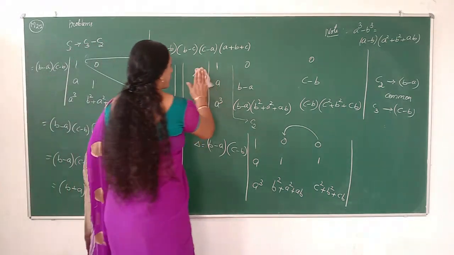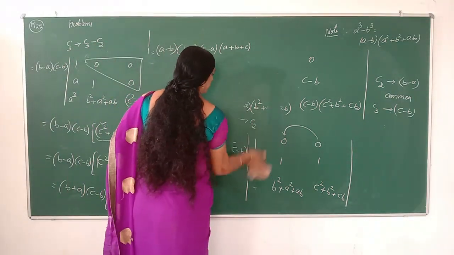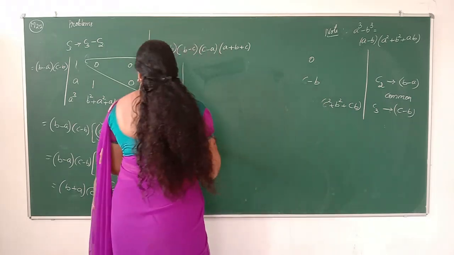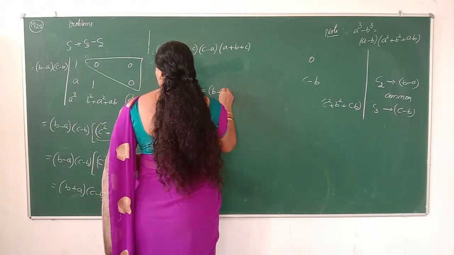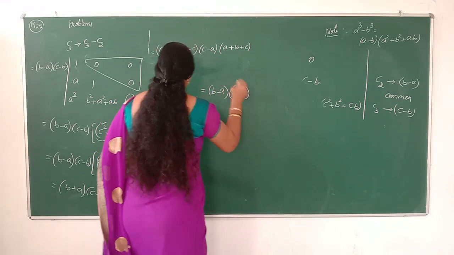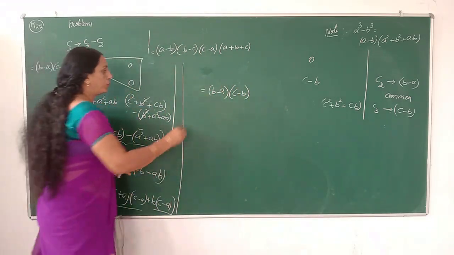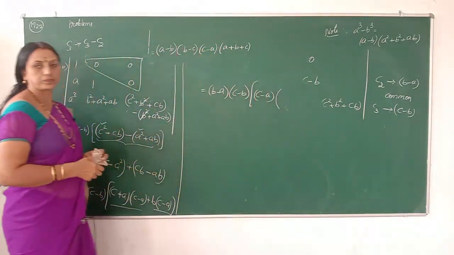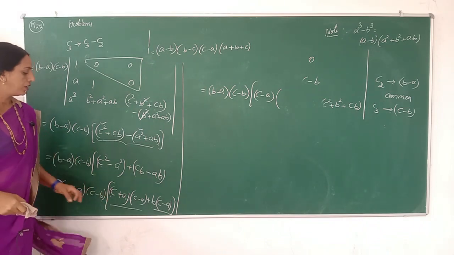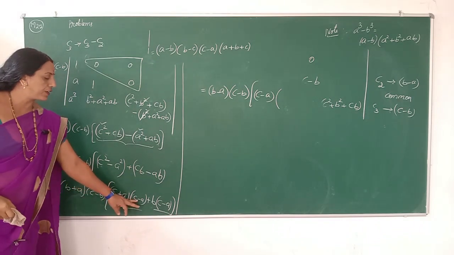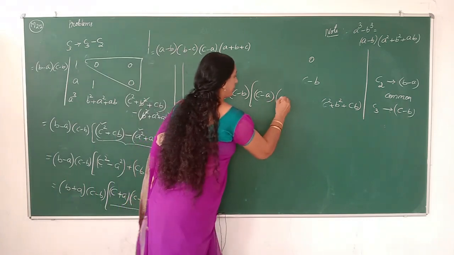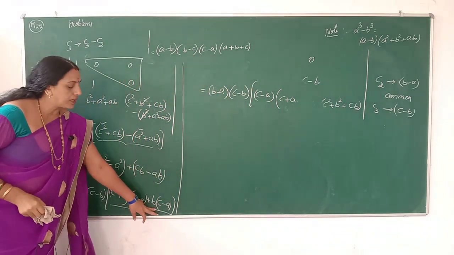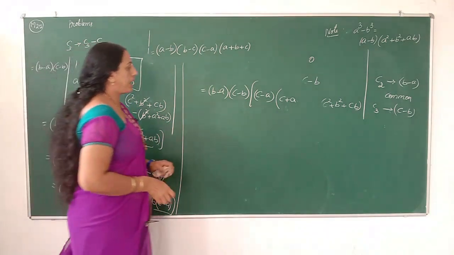So (b minus a)(c minus b) times (c minus a) as a common factor. What remains? In the first group, c plus a will be remaining. Similarly, from the second group, plus b will be remaining.